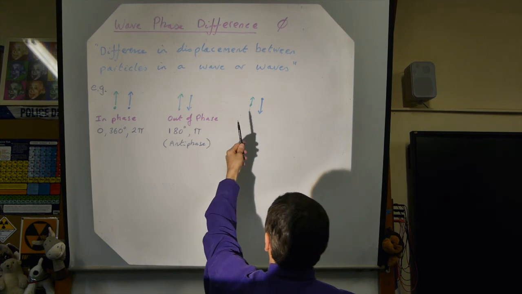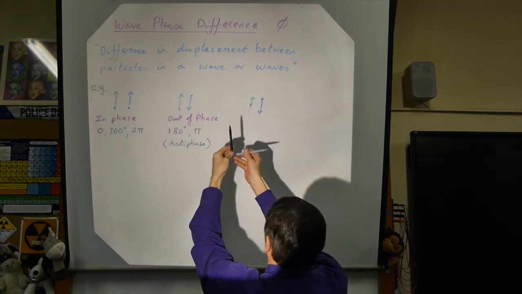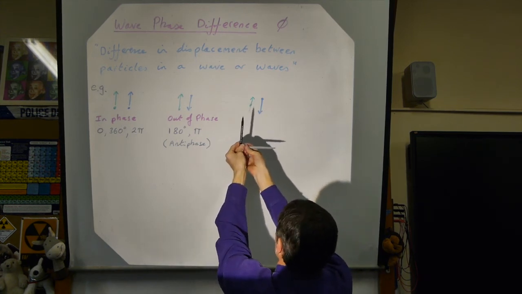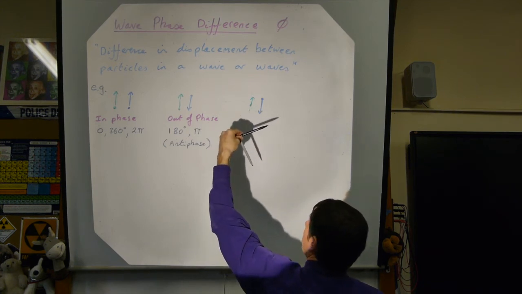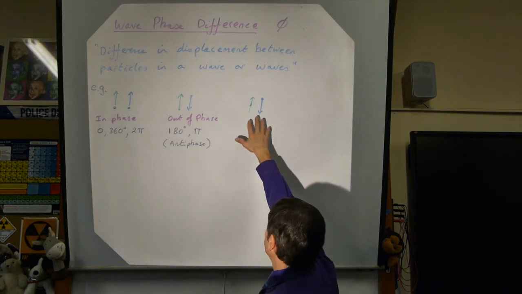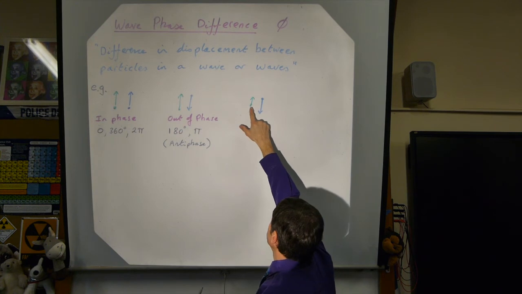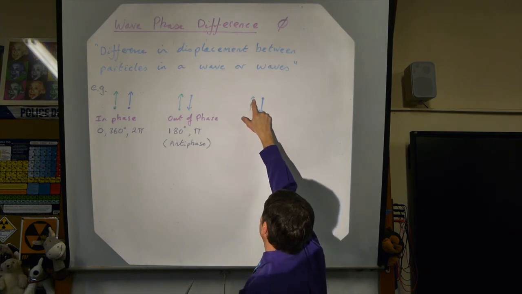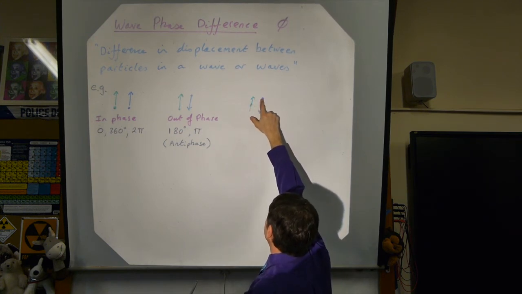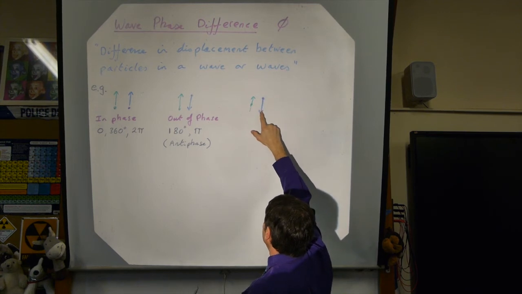One way of showing that one would be this sort of arrangement, where we've got an angle between them of 90 degrees. It's not very clear from that diagram, but you can see this has got a quarter of the way to move up, and this one is at the top about to move down.